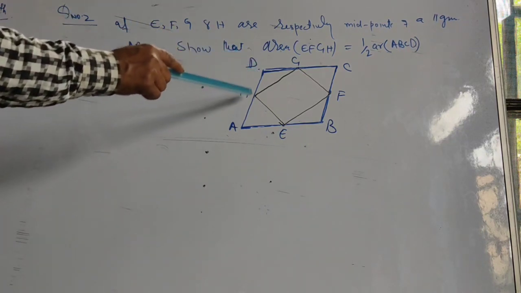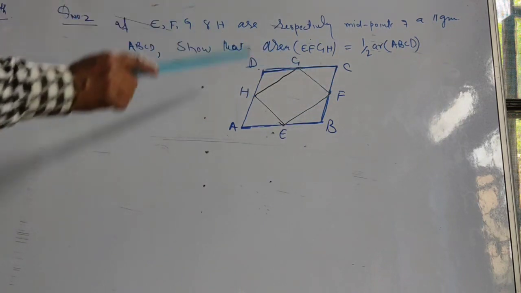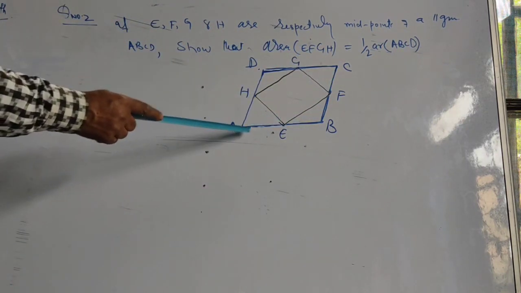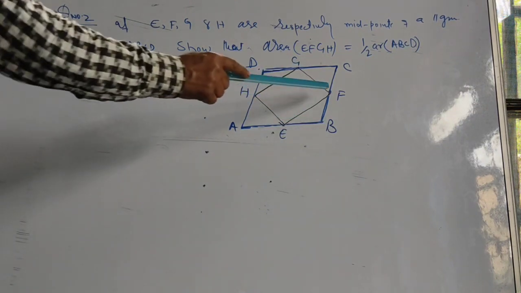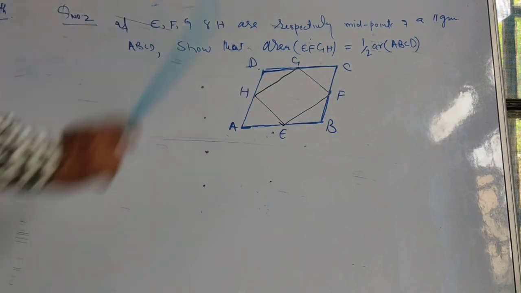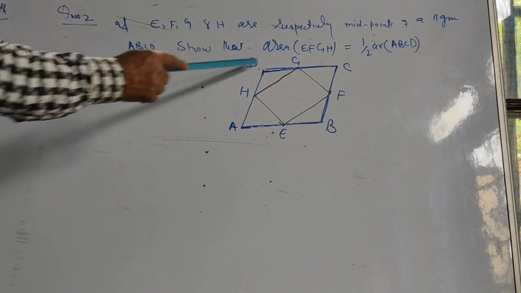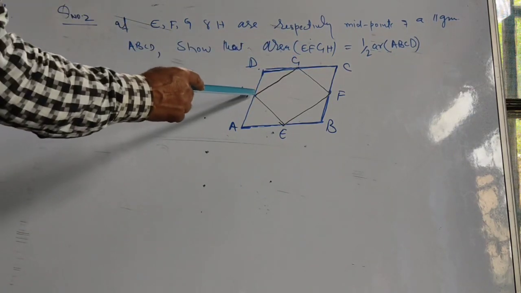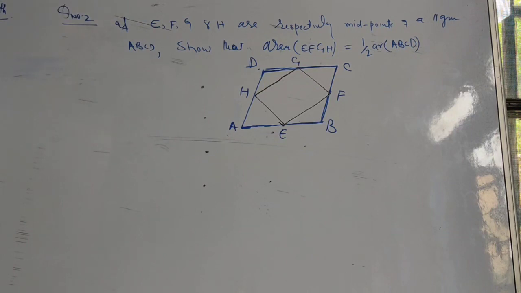You see that a parallelogram ABCD is given. E is midpoint of side AB, F is midpoint of BC, and G is midpoint of side CD, and H is midpoint of side AD.